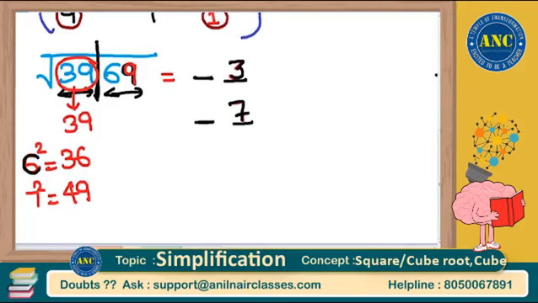Take the smaller number always. Smaller number is 6. So my answer should be either 63 or 67. Out of 63 and 67, let us check which is the correct answer.